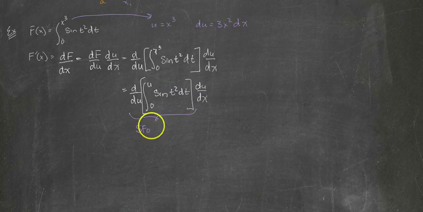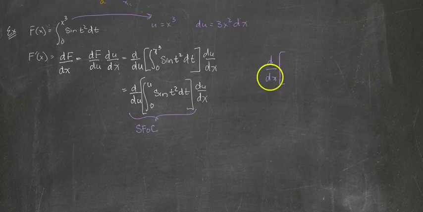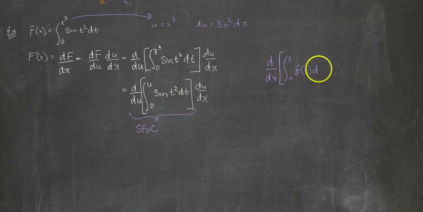So now the whole reason for doing this was I've set myself up to use the second fundamental theorem of calculus. Let's write it down again. It says that if you have d dx, you're taking the derivative of the definite integral from a to x of some function of t dt, that equals f of x.